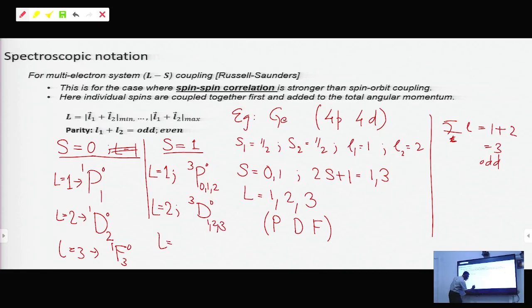And for L equal to 3, it's odd, J can be L plus 1, which is 4, L, which is 3, and L minus 1, which is 2.